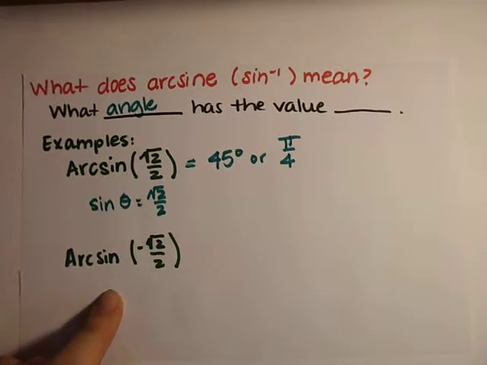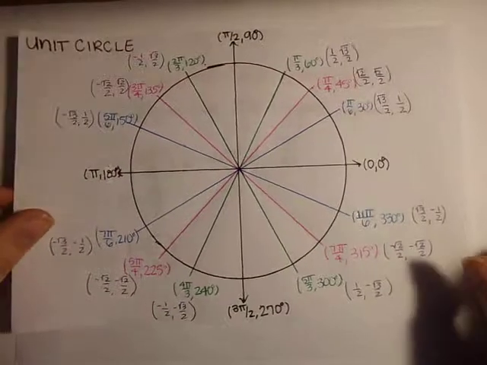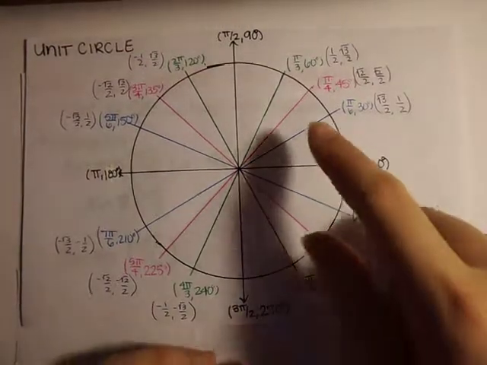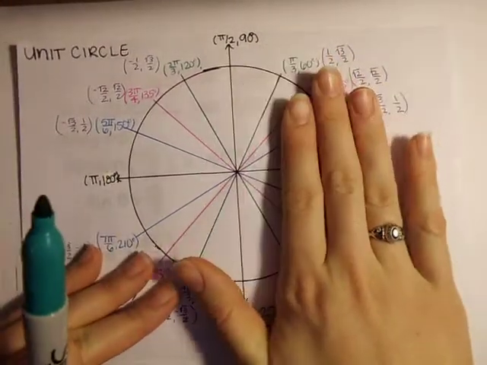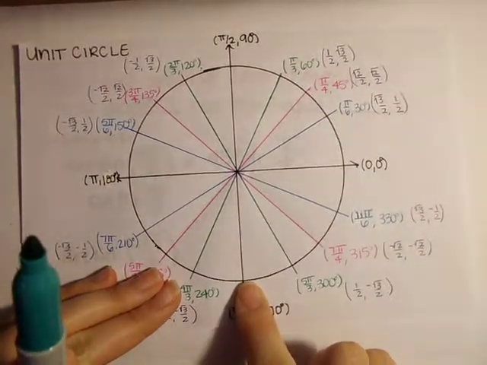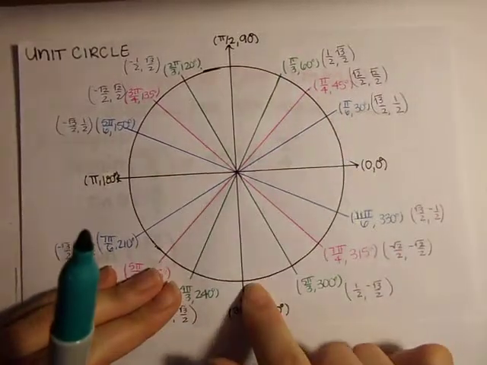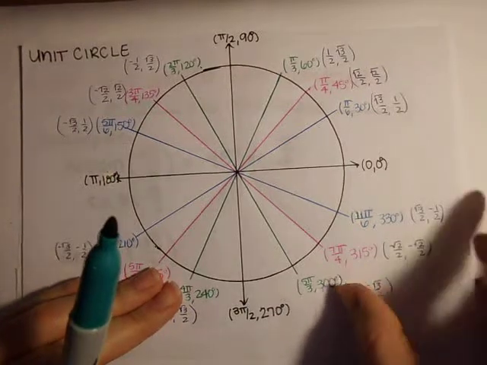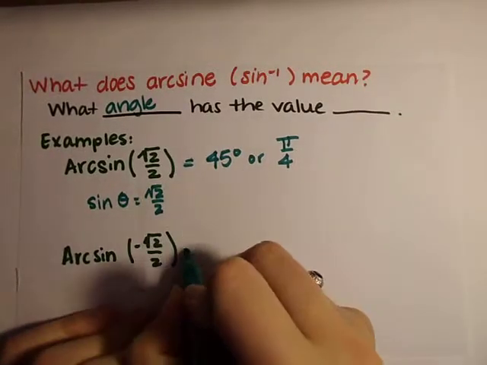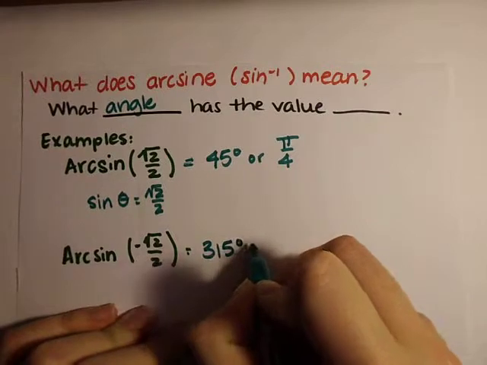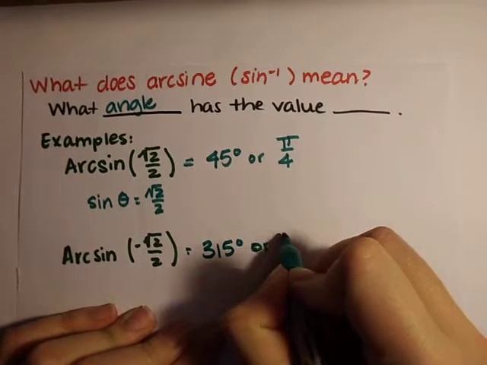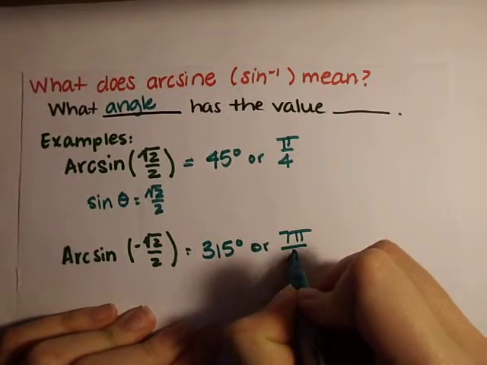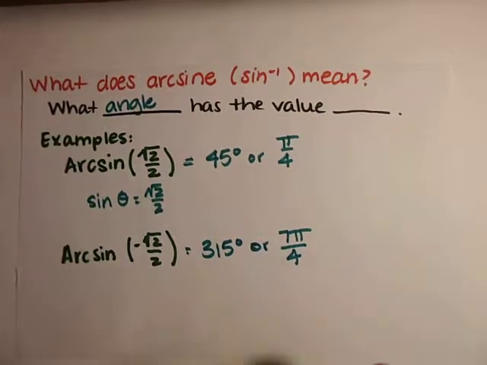Now, arc sine of negative square root of 2 over 2: we have to find where a y coordinate is negative square root of 2 over 2. Again, I'm going to stay on this half of the circle because that's where sine's range is. So I go over here at negative square root of 2 over 2, and that's 7 pi over 4, or 315 degrees. But 7 pi over 4 wasn't in the range.